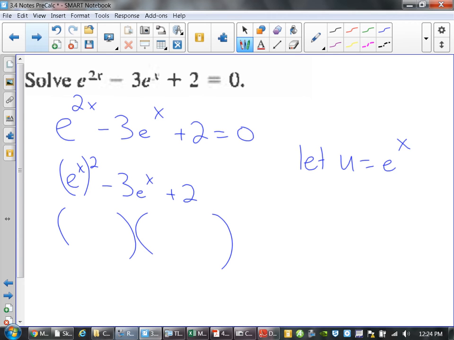What you can do is this: u squared minus 3u plus 2. What times what is 2? You add together to get negative 3. Yeah, negative 2, negative 1. So you can factor that to be u minus 2 and u minus 1. You okay with that? But what did I let u equal? e to the x.